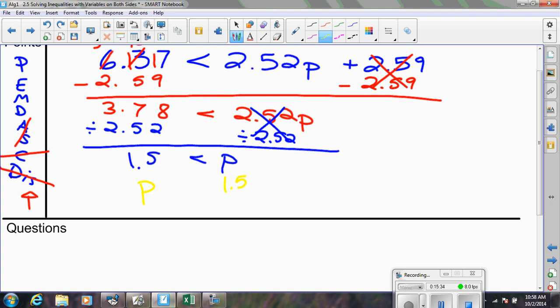But a lot of people were just flipping them without also changing the sign. Because this is pointing at the 1.5, it needs to stay that way. So we'd have pointing at the 1.5. When we're going to flip around the location of the variable like this, we do need to flip the symbol with it.